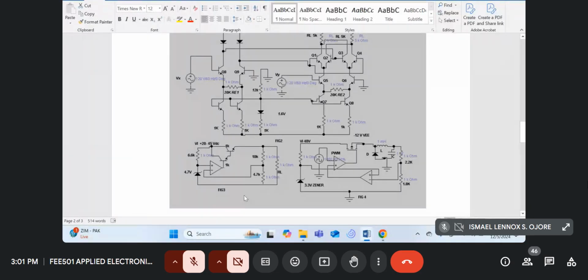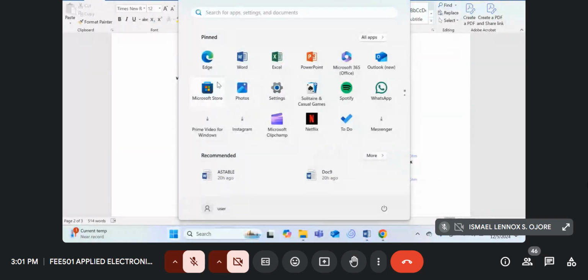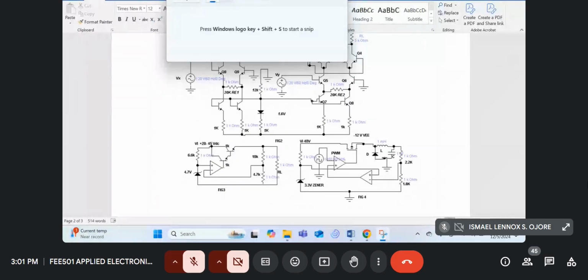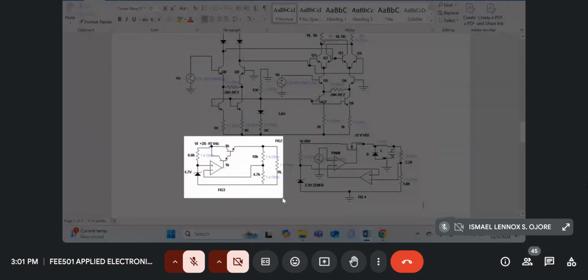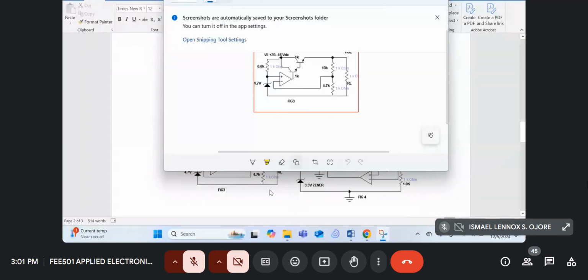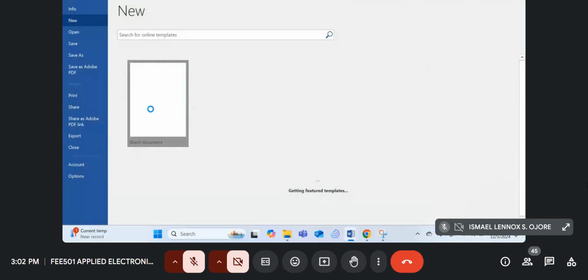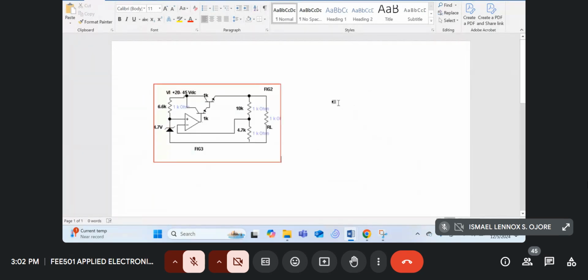I think you're told to use the bold letters. I'll start with the circuit.